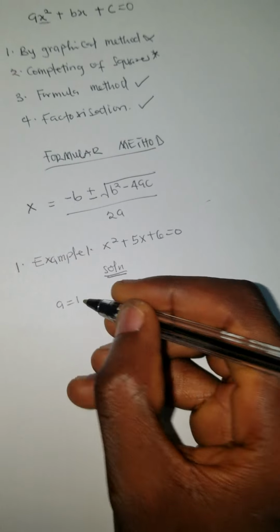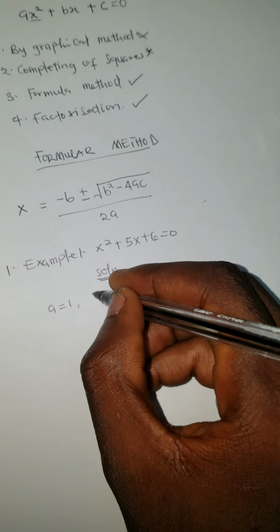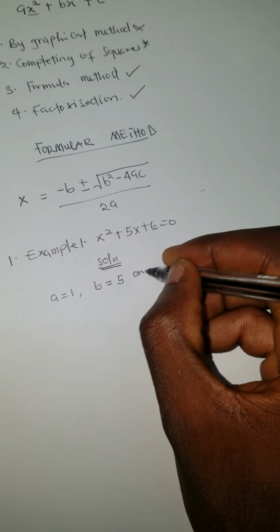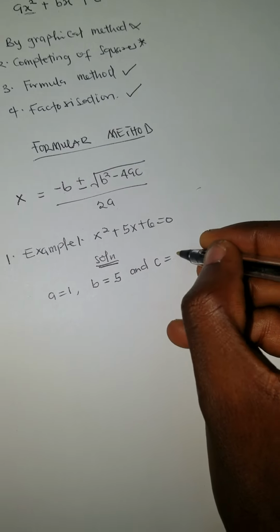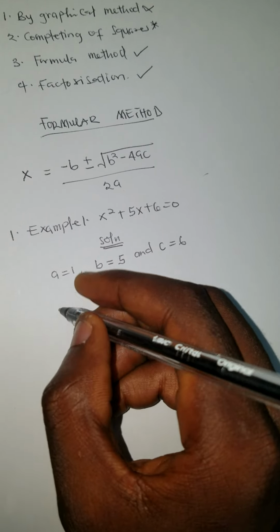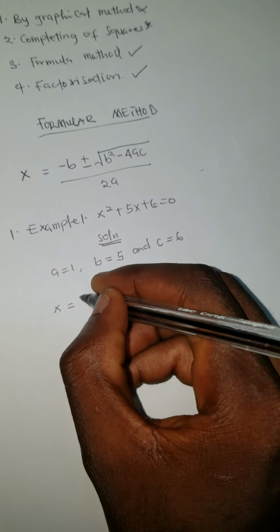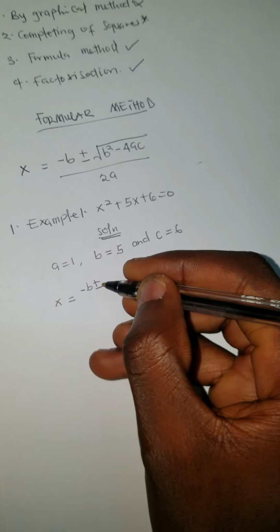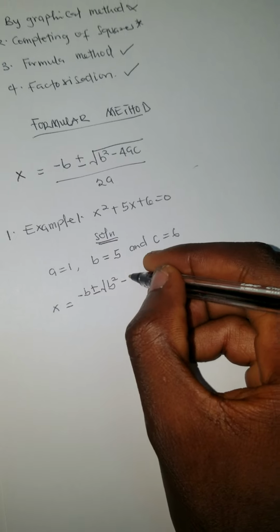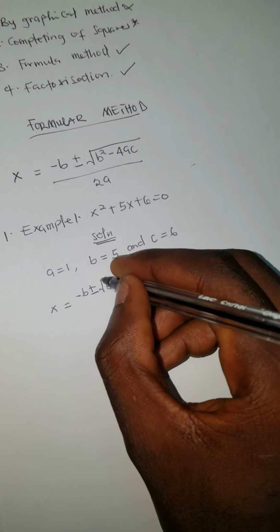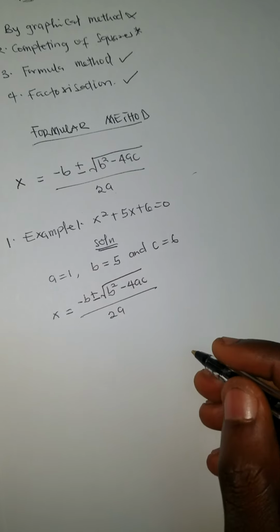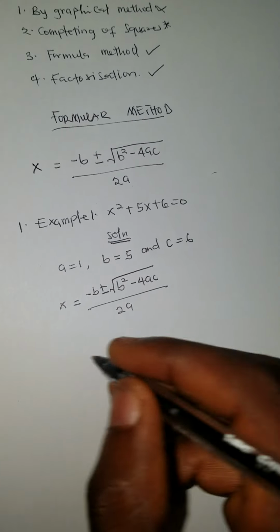Our a is equal to 1, our b is equal to 5, and our c is equal to 6. So let's quote the formula. The formula is x equal to minus b plus or minus root of b squared minus 4ac, all over 2a. That is the formula.